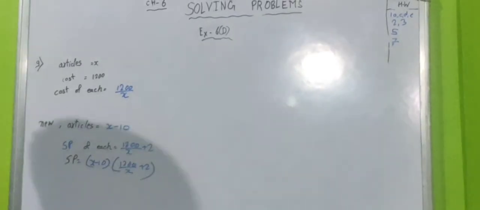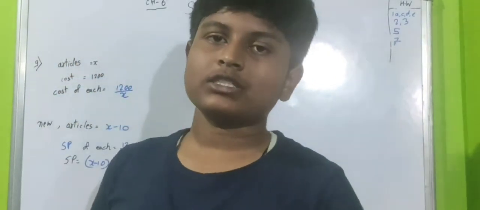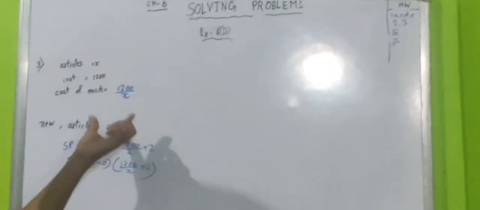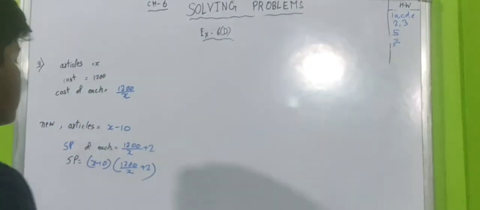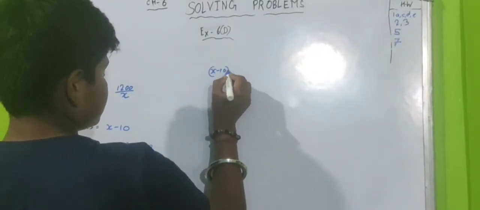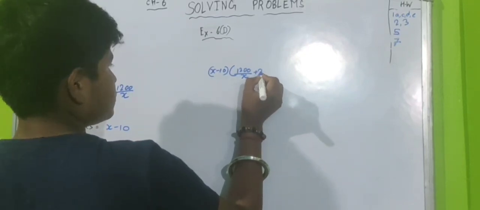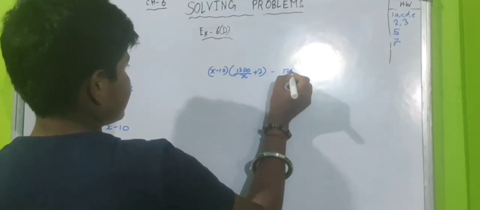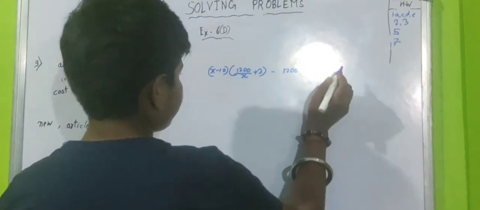It is said in the question that the dealer or trader earns a profit of ₹60. So this is greater than the total cost, because selling price is greater, then only it will be a profit. So we have x minus 10 into 1200 by x plus 2 minus 1200, that is cost price, equals rupees 60, the profit of rupees 60.